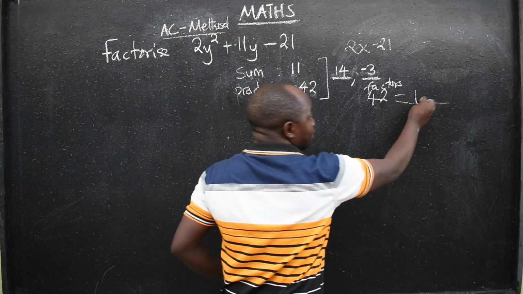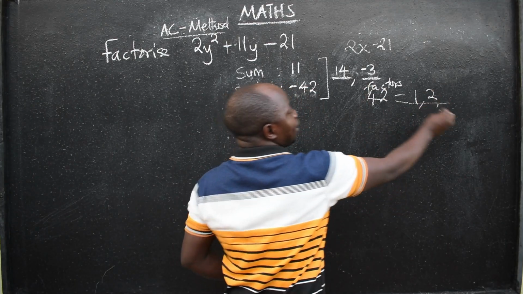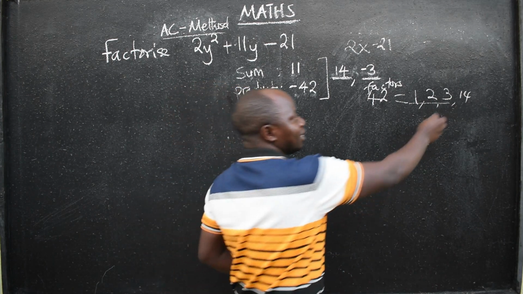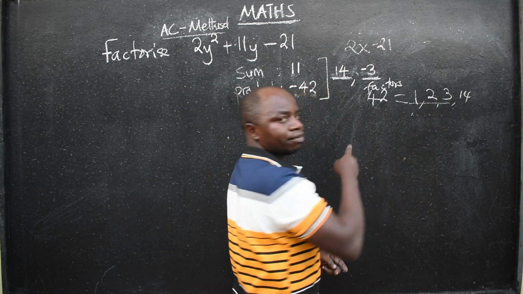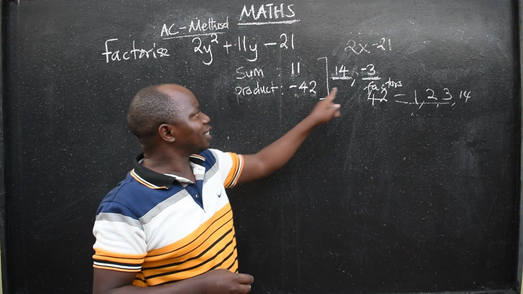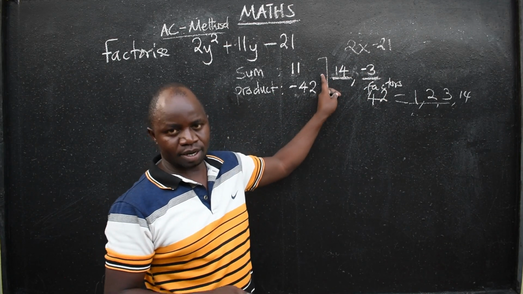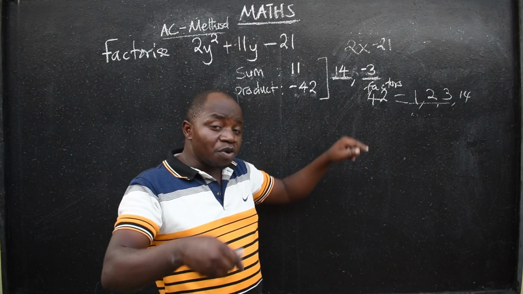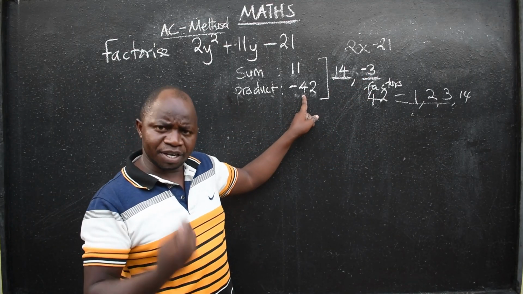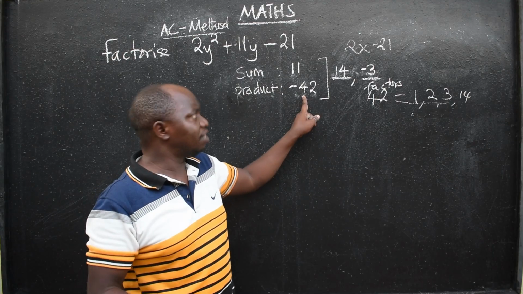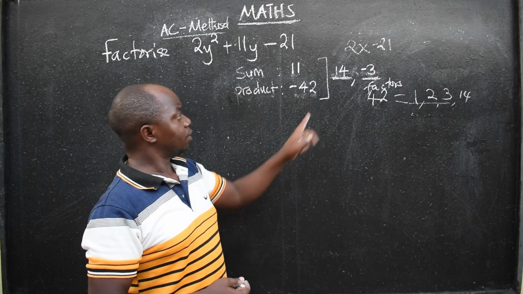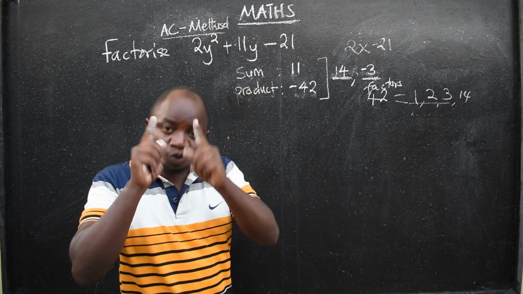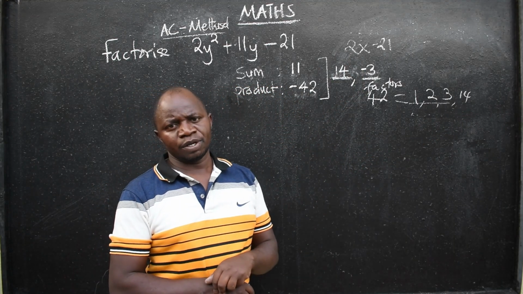So 1 is a factor of 42, 2, 3, 14, and there will also be others in between. There will be a lot. So from the factors of the product, that is where we get the numbers. I repeat myself. You get these two numbers from the product that you've identified, in this case 42. You list down all the factors of 42, then there will be two numbers that you'll be able to use.